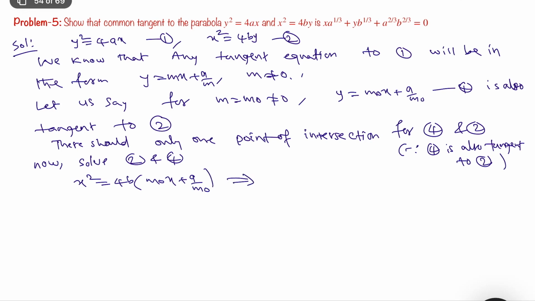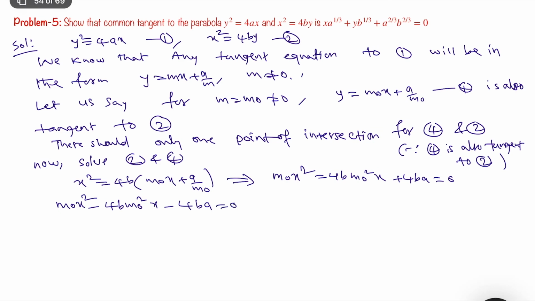This gets simplified to m naught x square equal to 4b m naught square x plus 4ba, that is, m naught x square minus 4b m naught square x minus 4ba equal to 0. Let's call it 5.